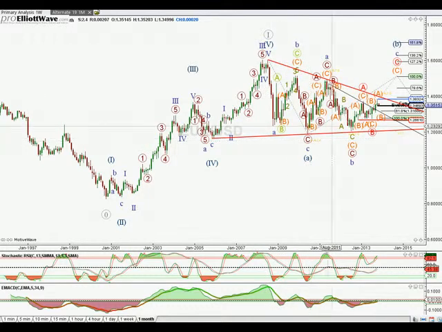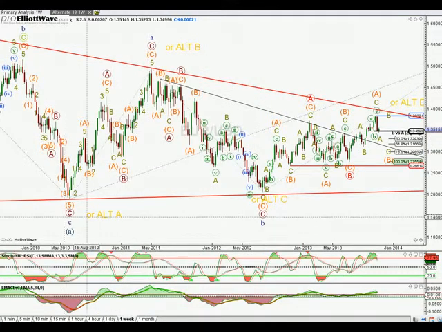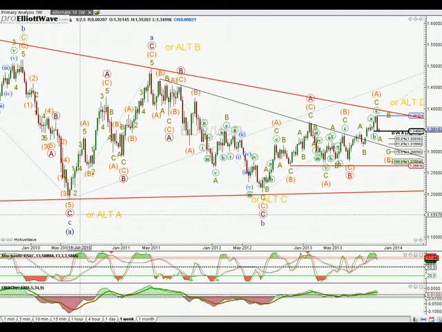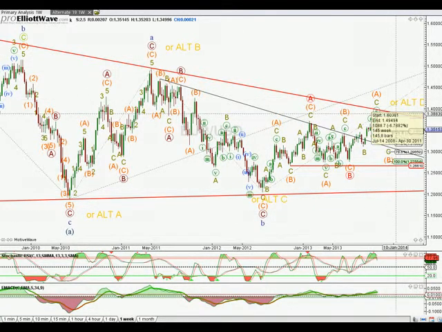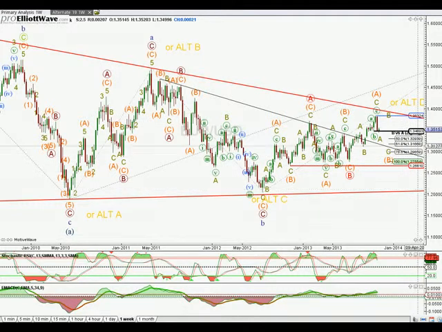I believe we're doing an A, B, C, or an alternative count, which actually I like better at this point, which would be a triangle for this third wave, and this would be A, B, C, D, somewhere terminating in here and coming down to an E before we go up.